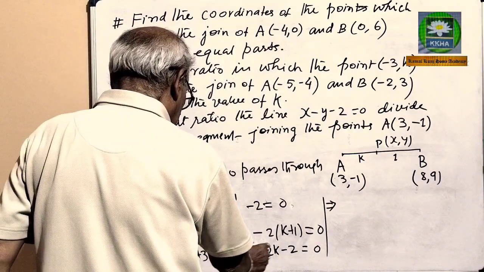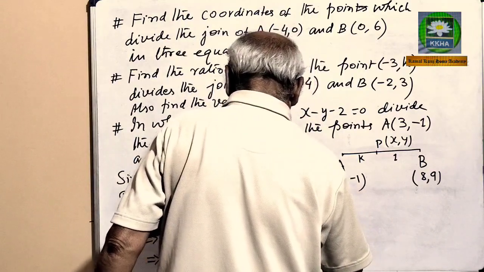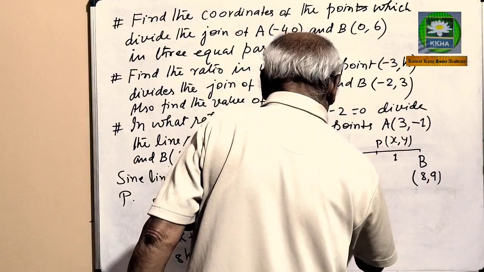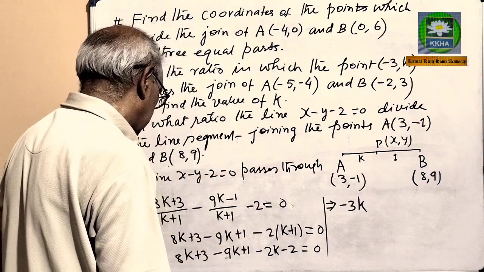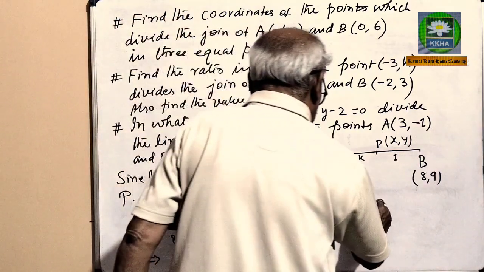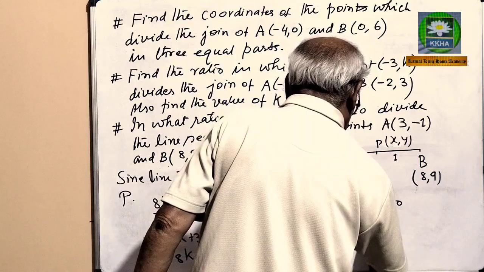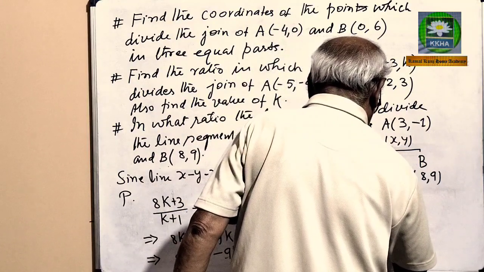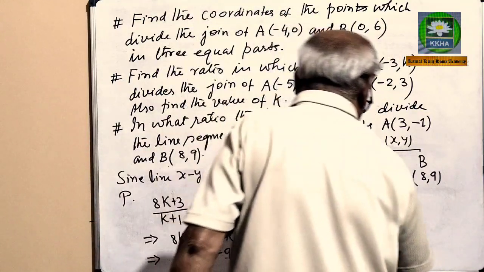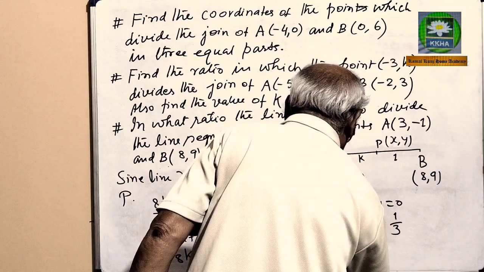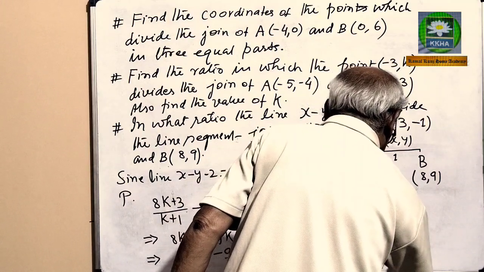That is, minus 3k plus 1 equal to 0. This implies that k is equal to 1 upon 3. So the ratio is 1:3.